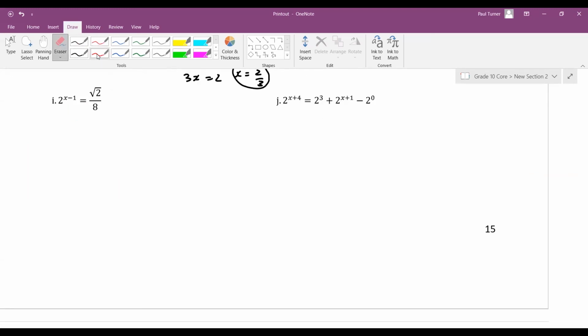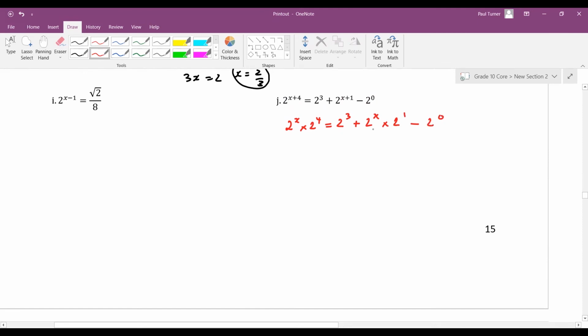For question J, we've got 2x plus 4. So how about we split that to 2x times 2, 4. 2 cubed is 8. Just leave it power 2. Plus 2x times 2, 1. X plus 1 is x plus 1. And then minus 2 power 0.